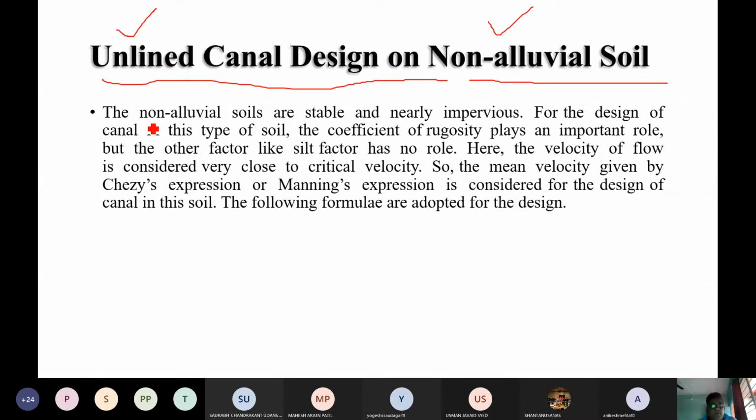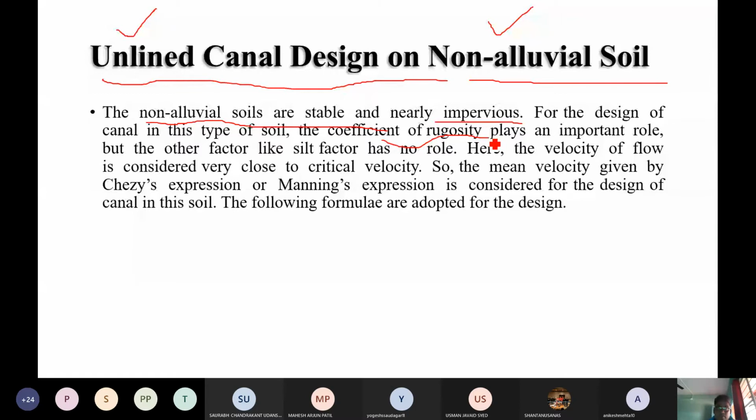Already you know the non-alluvial soil is obtained due to the disintegration of the rocks which were available at the earlier stage in the mountainous region, and the entire soil is impervious and fertile. So for the design of a canal in this type of soil, the coefficient of roughness or rugosity plays an important role, but other factors like silt factor have no role.